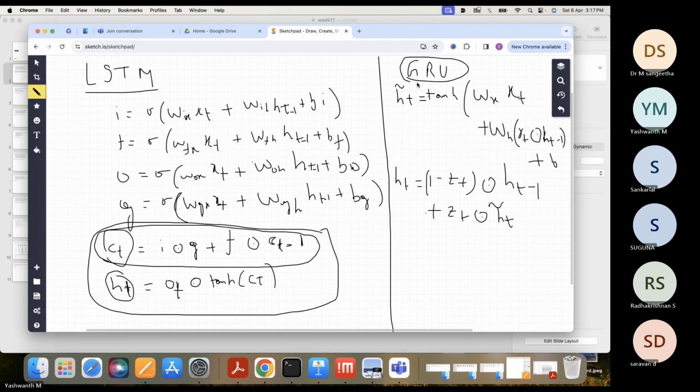This is a little bit more lightweight than LSTM, but eventually it does the same thing. Okay, so this is at least this much background I want to give to you before solving the problems.